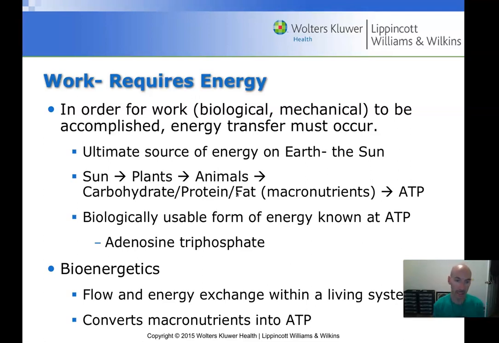So again, what we're ultimately seeing is we're taking the ultimate source of energy from the sun, converting that energy first into plants, then into animal protein and fat. Then as we consume those things through our diet, therefore consuming these three macronutrients, we can either store energy, leaving it as potential energy as carbohydrate, protein, or fat, and or convert those macronutrient molecules into ATP, which we identified a second ago as the biologically usable form of energy.